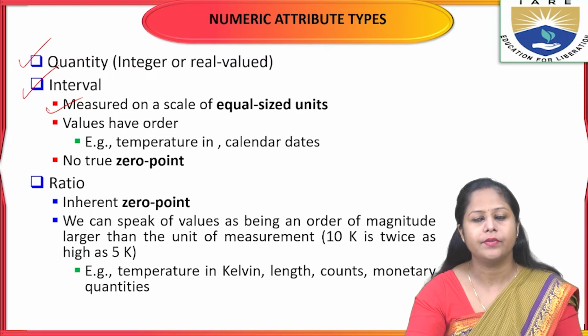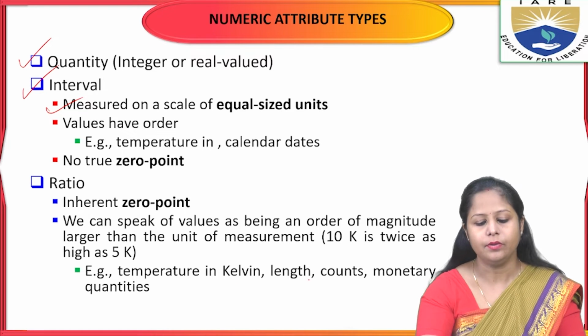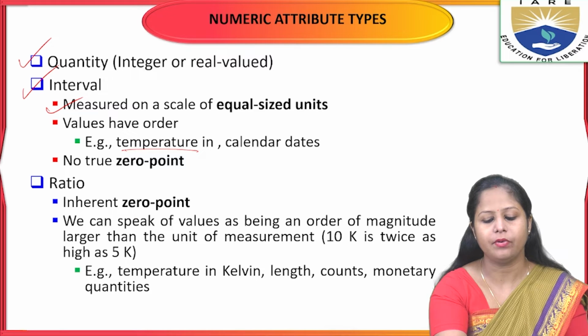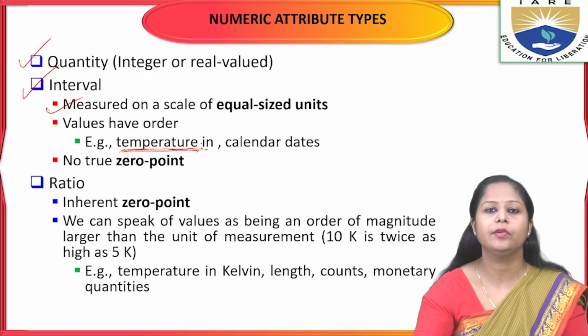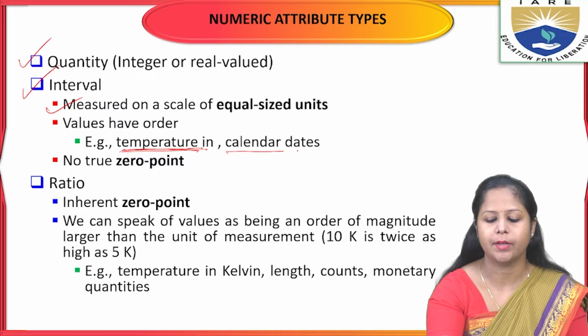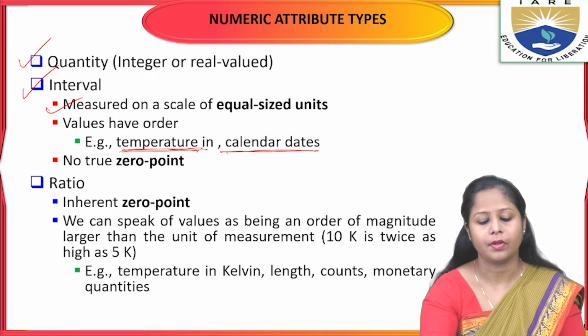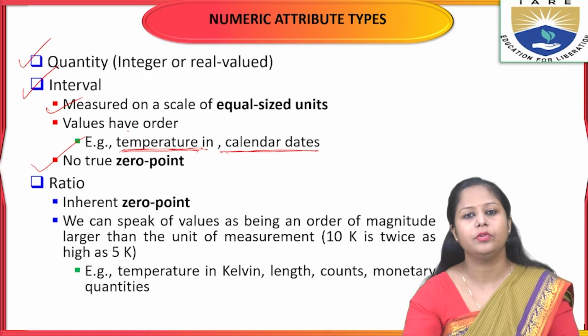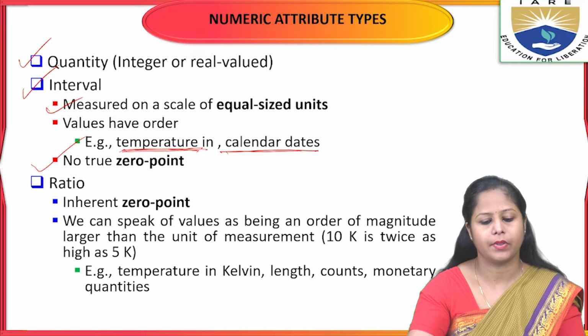The values have some order. For example, temperature and calendar dates have some order. Here no true zero point occurs.